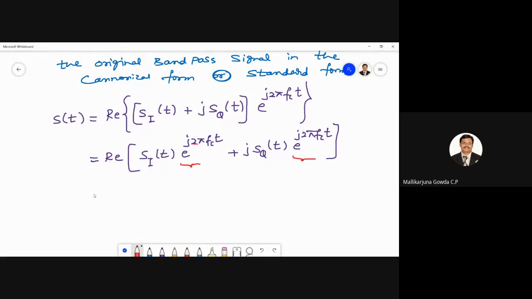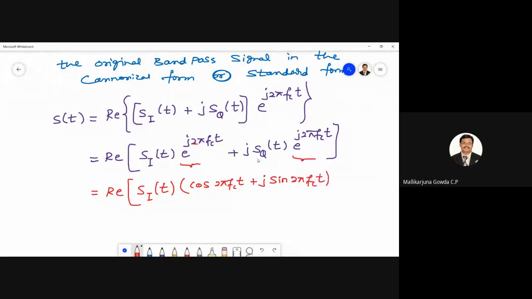So I write here the real part of s_I of t into cos 2 pi fct plus j sin 2 pi fct.